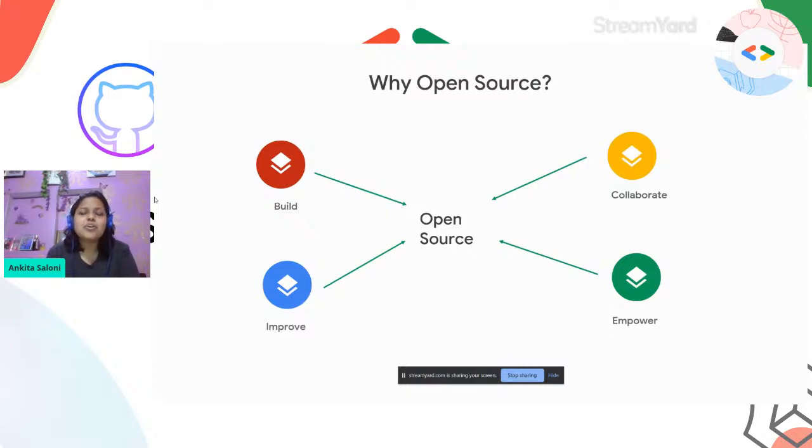Then improve. Since you'll be coming across hundreds and hundreds of projects that are on GitHub, GitLab, or any such platform, it will open your mind to a plethora of opportunities, ideas, and any possibility. It will enhance your creativity and innovation factors.